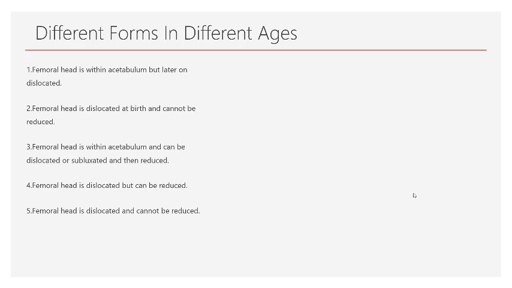One entity is the femoral head within the acetabulum but it can be subluxated or dislocated and then it is reduced. Another is the femoral head already dislocated but it can be reduced. Another entity is the femoral head already dislocated and now it cannot be reduced. So these are different entities. That's why DDH is called a spectrum of disorders.